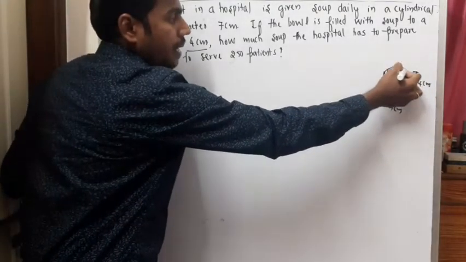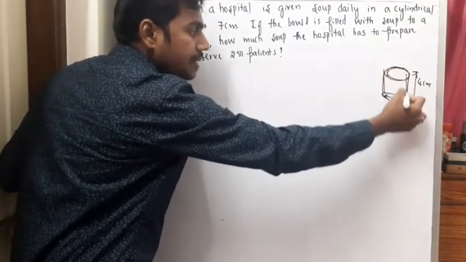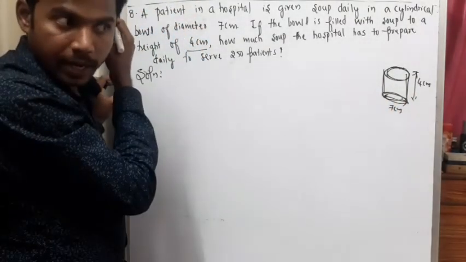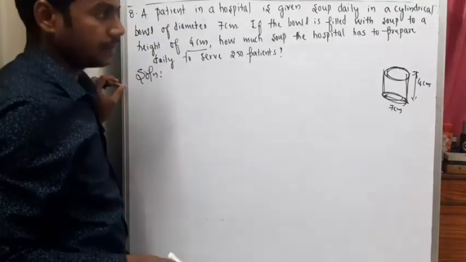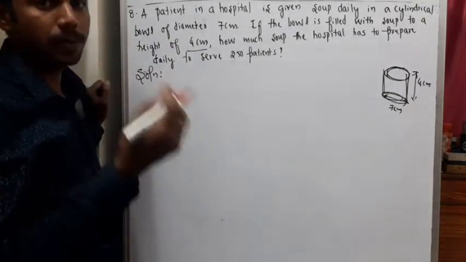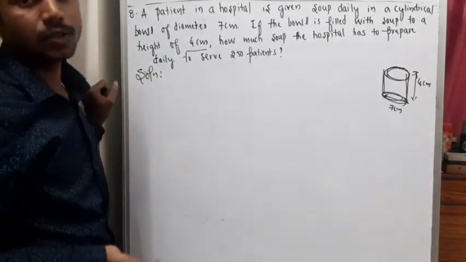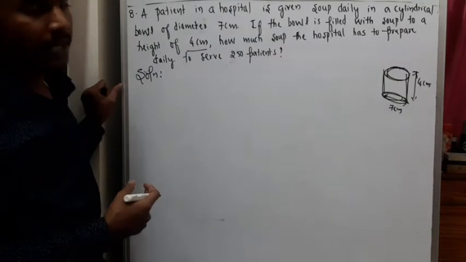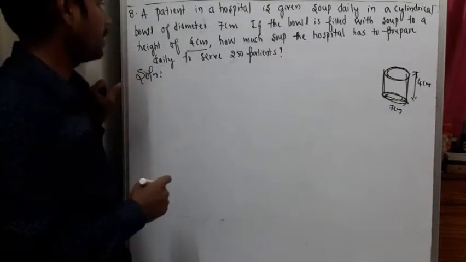So this is the capacity of the soup per person. If a hospital wants to prepare soup, it has to prepare it for 250 patients. What should be the capacity of the soup that the hospital has to prepare so that it can be served to all the 250 patients? In what way can we do it?